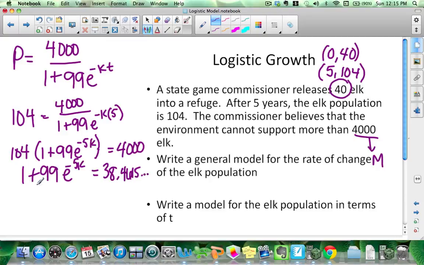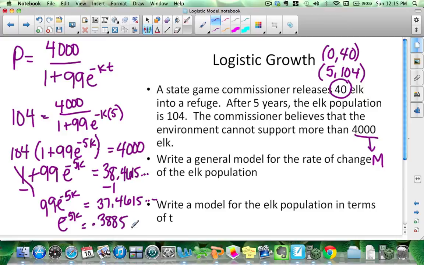So I'm going to subtract 1 from both sides, which is going to give me 37 point whatever. And I'm going to divide both sides by 99, which is going to give me e to the negative 5k is equal to 0.3885 something. All right.